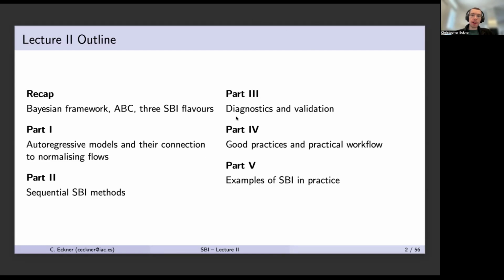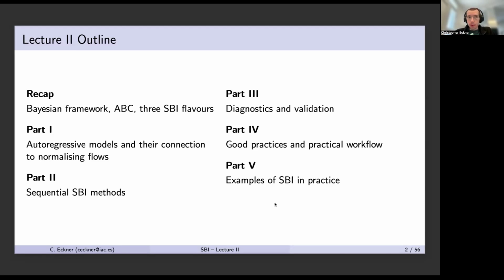And then I'll talk about diagnostics of your posterior results, good practices, and a practical workflow for simulation-based inference, while then hopefully being able to close with a few examples of how this is employed in practice, and that well highlights a few of the different mechanisms and paradigms we have had a look at so far.